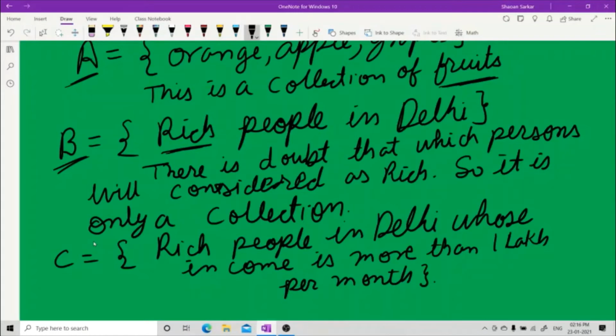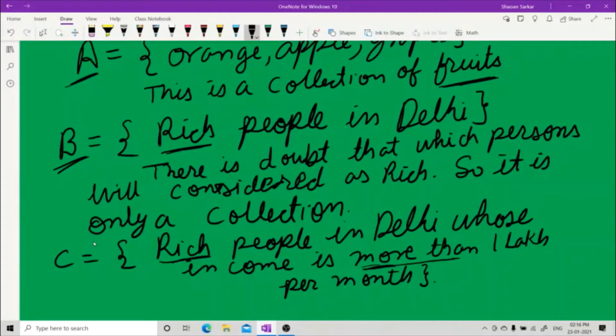Now you can see this adjective has been modified by some more than, less than quantity. That means we will only consider those people rich whose income is more than 1 lakh.